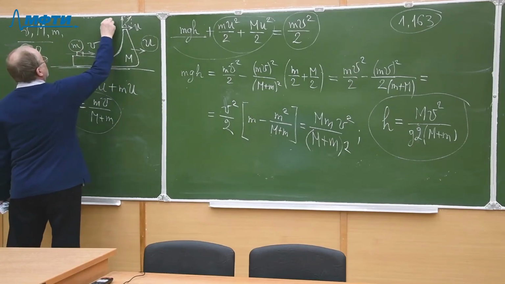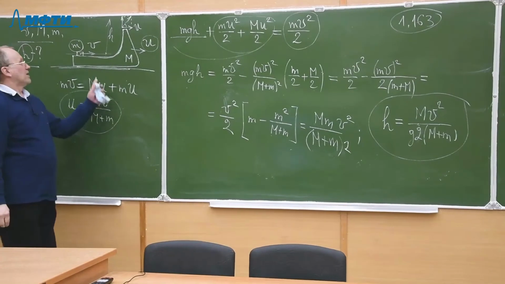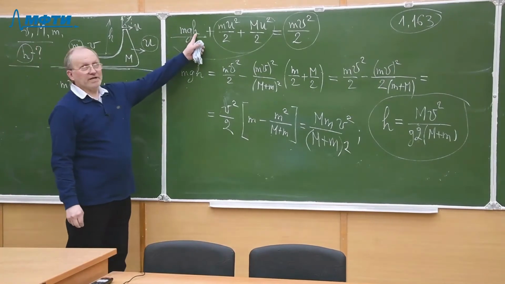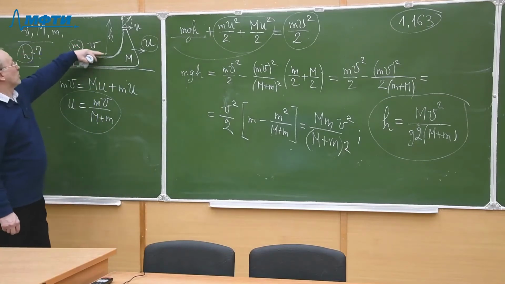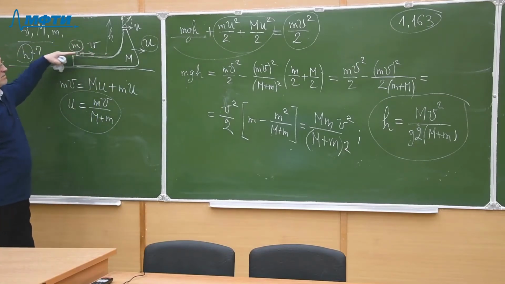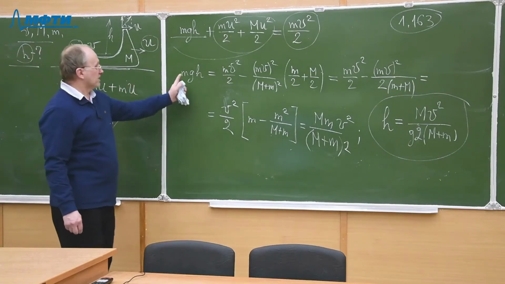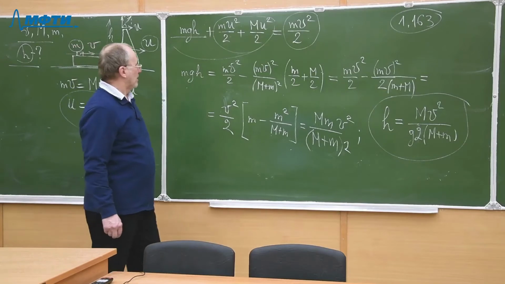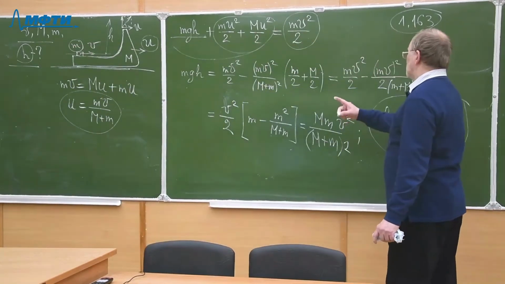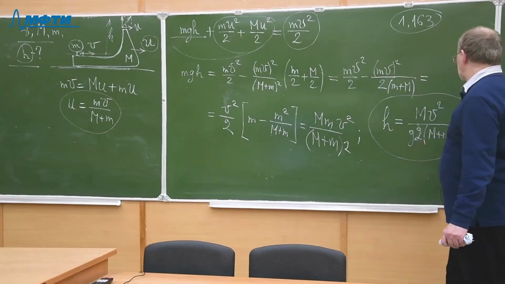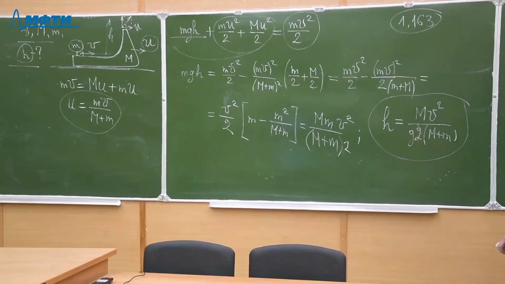So mgh will be the potential energy of the small body with respect to this level. The level of the large body will not change, so that's correct, mgh. Small m cancels, divided by 2, divided by g. That seems to be correct.